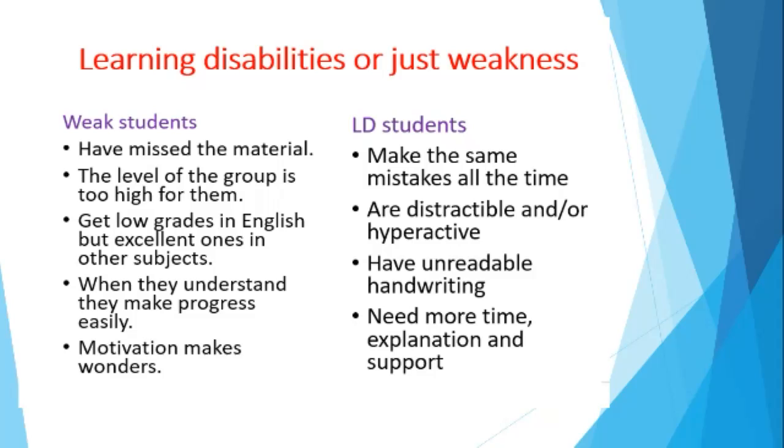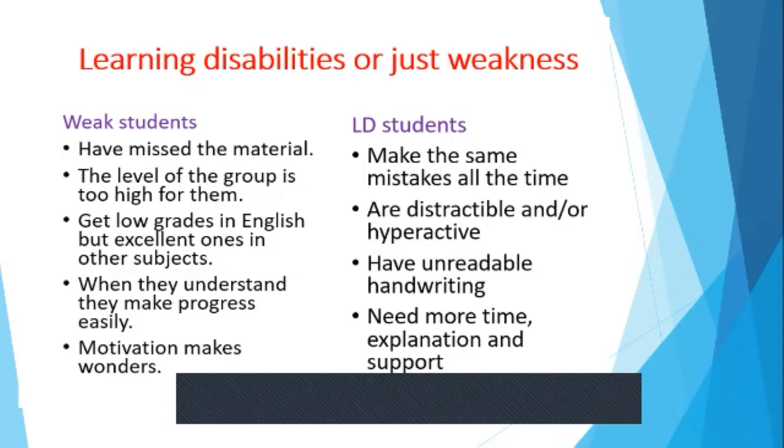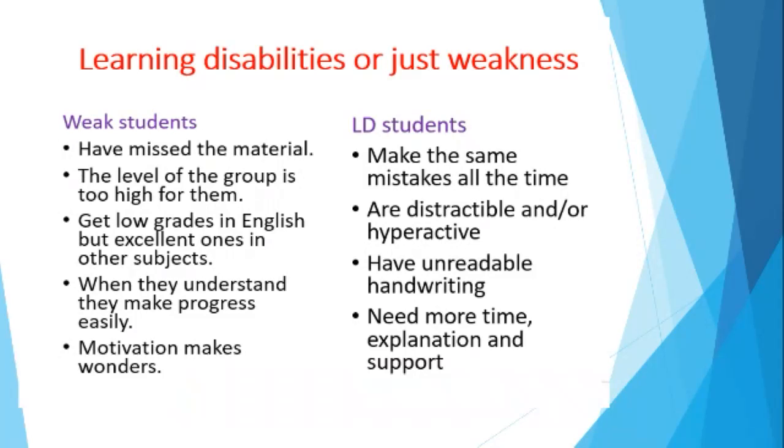As a result, they have difficulties. What else? Sometimes they get low grades in English, but get excellent ones in other subjects. A student can be weak in English and strong in mathematics, and vice versa.